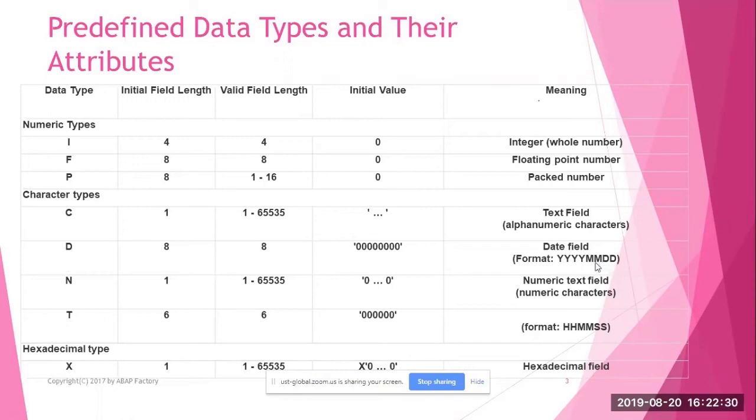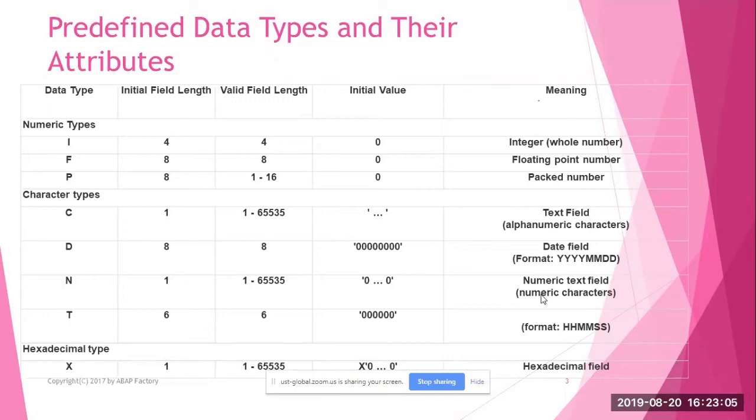Okay, and then numeric text. What is this numeric text? Numeric and again text. It is again a character type, but it accepts only numerics. Can someone tell me what kind of data it may have in real time? What kind of data do we treat as characters, but which will have only numerics?